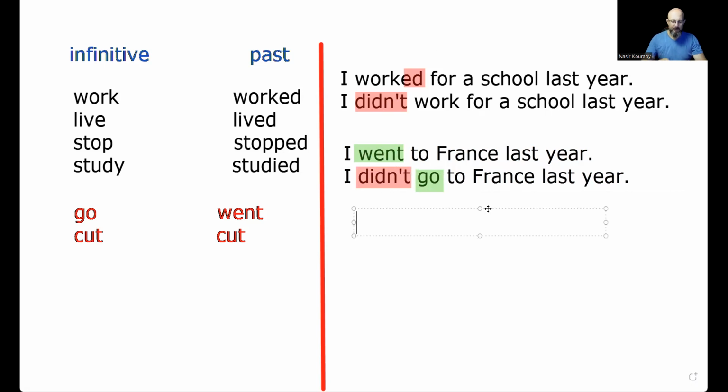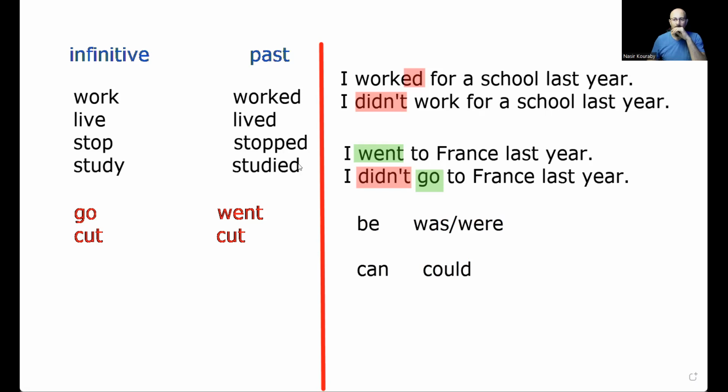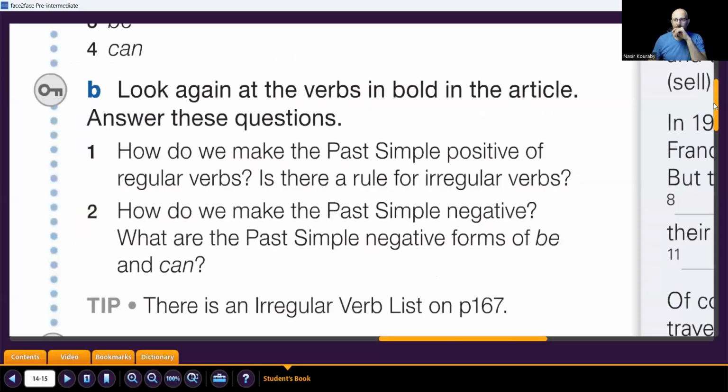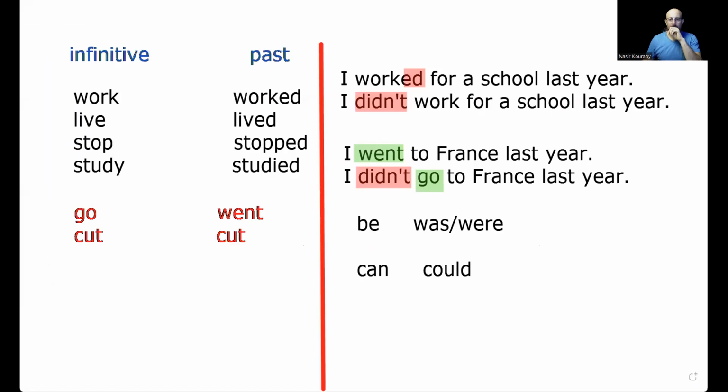Okay, so what about be? Be, we have was or were. Can, the past is could. The negative couldn't. Okay, so past simple negative form of be. Let's have an example.